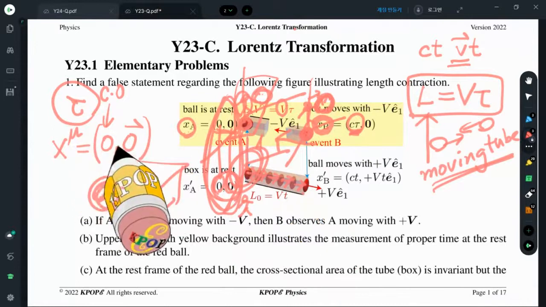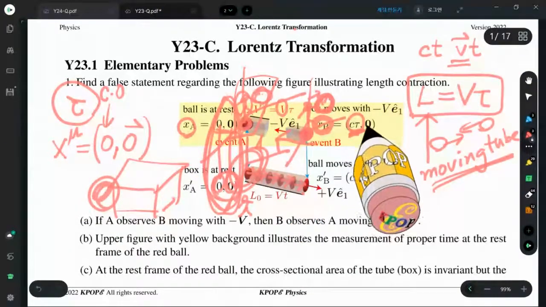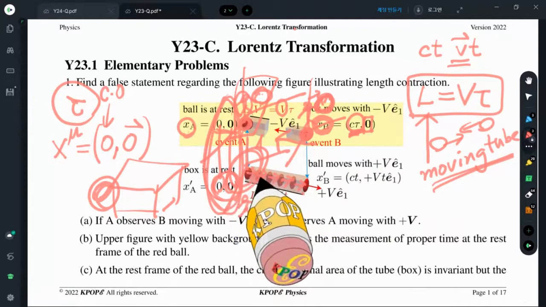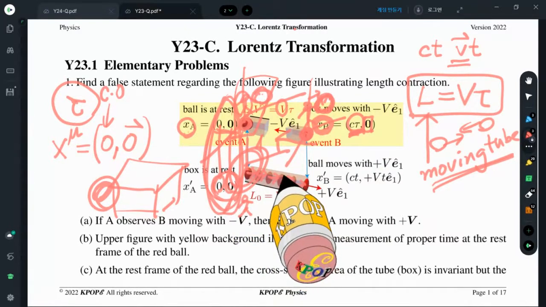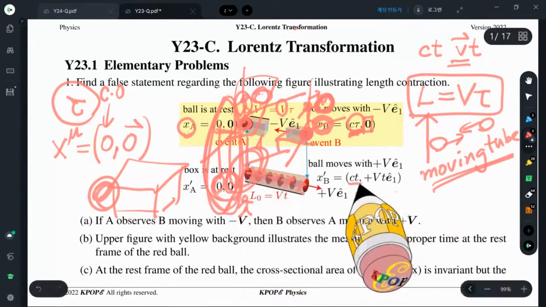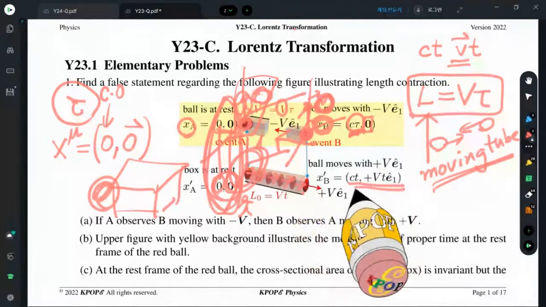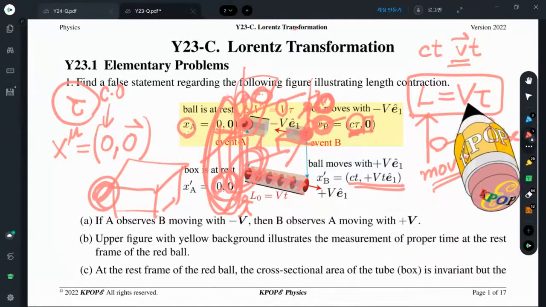I told you proper time tau is used only when the position is fixed. Right now, this red ball is moving with velocity v. Therefore, your space-time coordinate for the ball is ct, vt, instead of v tau.